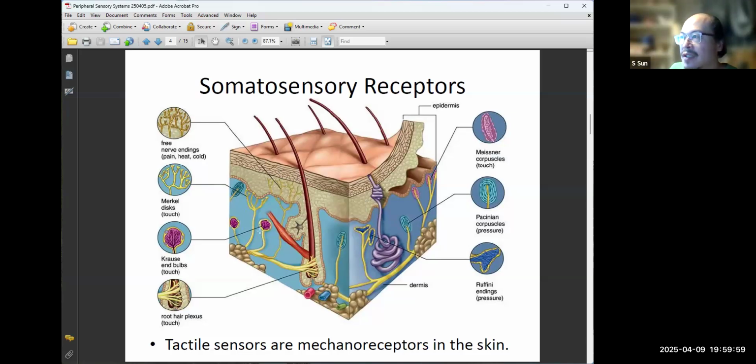When you excite a sensory receptor, it sends signals into the spinal cord, because this is our skin. There are some in the head, and for the head, the signal goes through the cranial nerve. The ones below the neck go to the spinal cord.